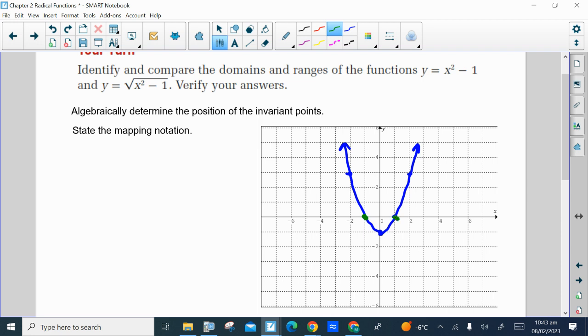Is that it? There's two more actually. The invariant points occur where y equals 0 and also where y equals 1.